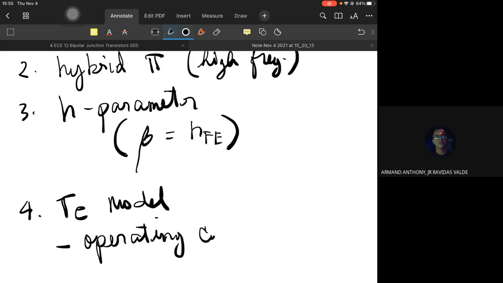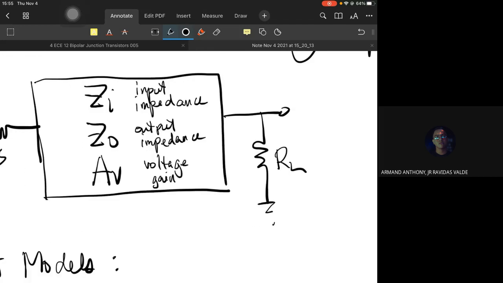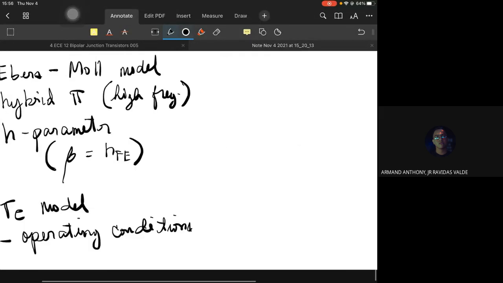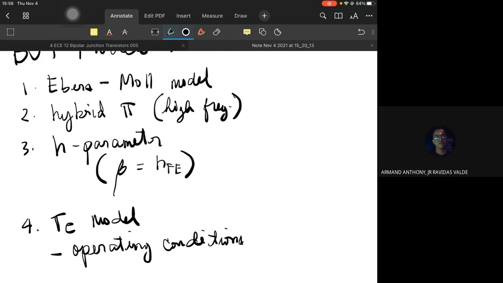Kung asa nato siya gamiton, whatever its application or its present condition, diha ga-depend ang parameters, the impedances and the gain, sa operating conditions, meaning sa iyang mga biasing circuits.